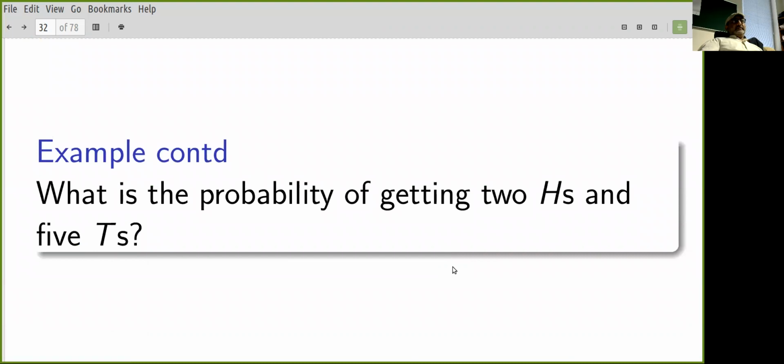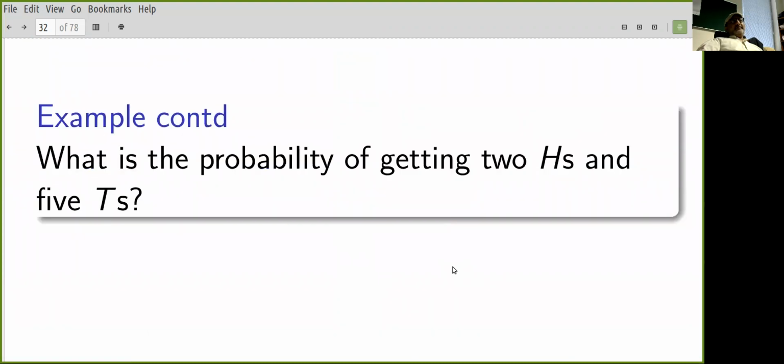Okay, let's look at another one. What's the probability of getting 2 H's and 5 T's? Well, first let's consider the probability of getting H, H, and then 5 T's. These are independent flips, so we can just multiply the probabilities. That would be p squared times q to the 5. Now we want to add up all the probabilities which meet the requirement of 2 H's and 5 T's.